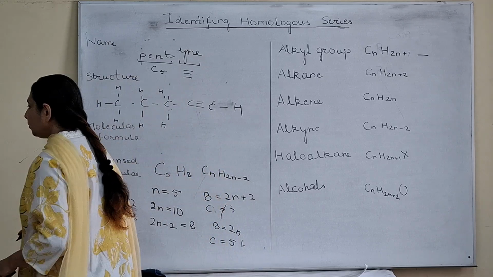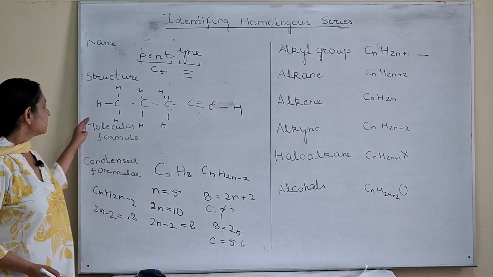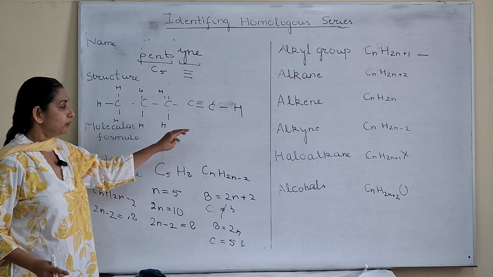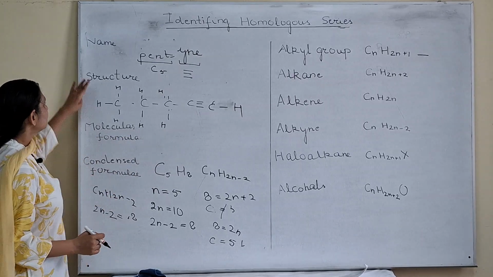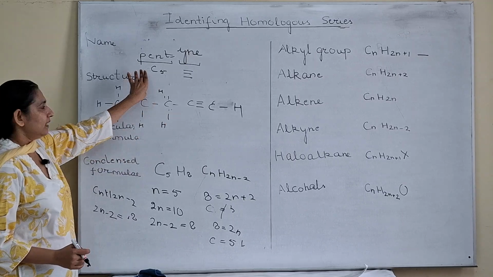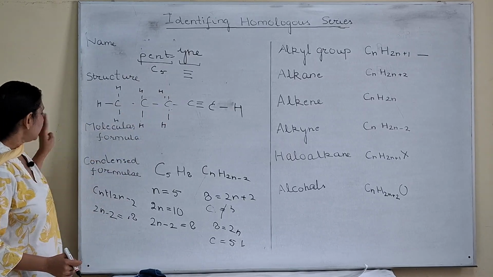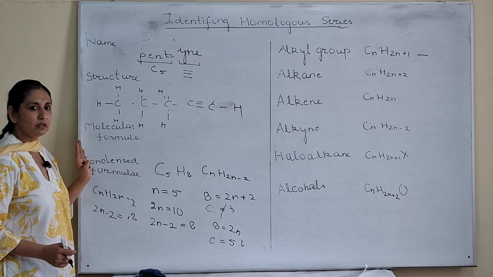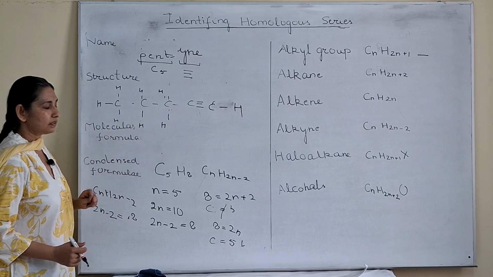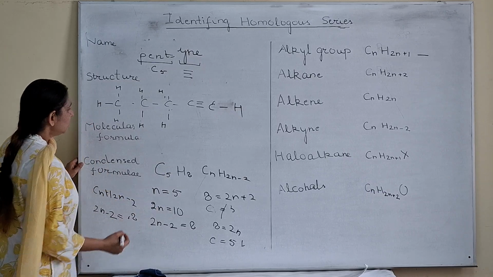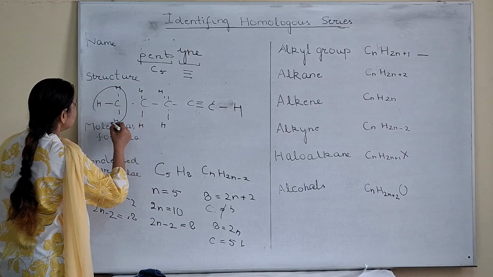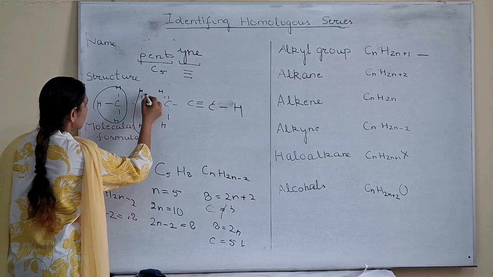Okay, now you have the structure. You can verify कि सब जगह single bonds हैं between carbon, मगर एक जगह they are triple bonds. So this is the structure, and the name is pentyne. Now if I write the molecular formula, it was already given, so let's put it in parts.